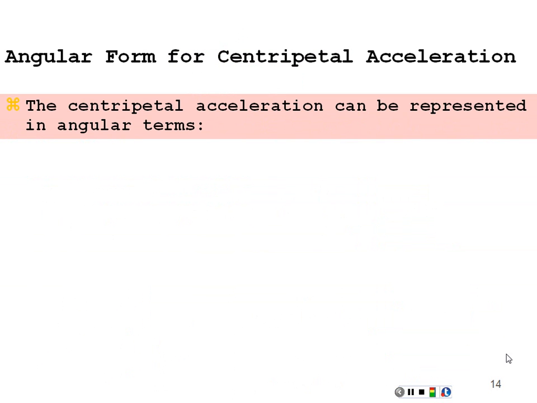We are going to be looking to extend these analogies from the linear motion to angular motion throughout this chapter. And in that vein, the centripetal acceleration can be expressed also in angular representation.